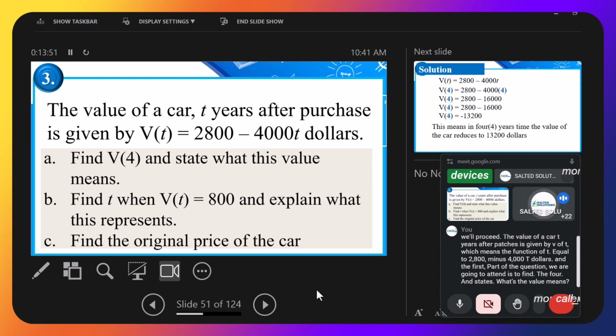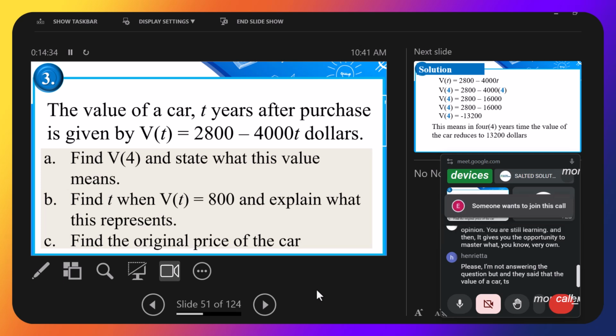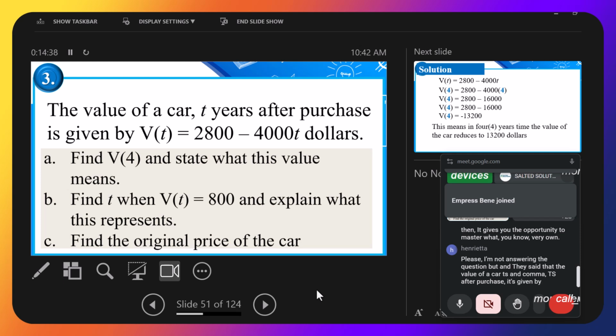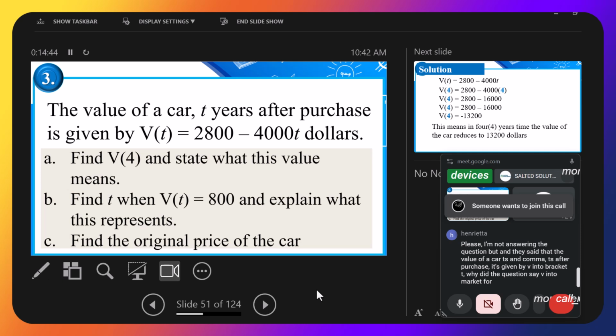So can we have some telling us what they think about the question and how to approach it? Please, I'm not answering the question, but they said that the value of a car T years after purchase is given by V into bracket T. Why did the question say V into bracket 4? Okay.